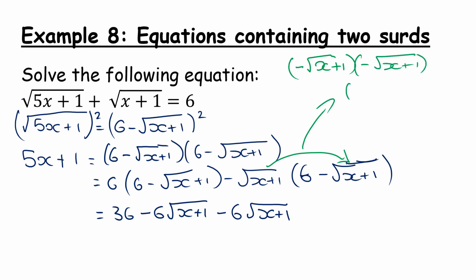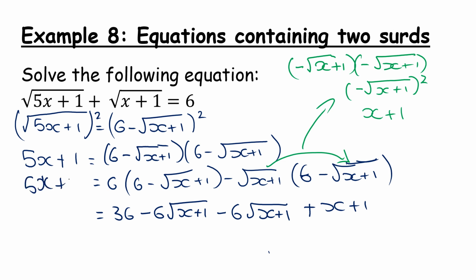Well, what basically we have is minus the square root of x plus 1, all squared. So what happens when I square it is the square root disappears, but also it'll be a minus by a minus, so it gives a plus. So what I'm left with is just my x plus 1. Okay, so I have plus x plus 1.